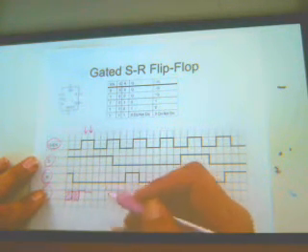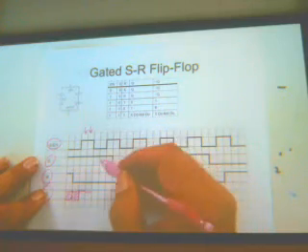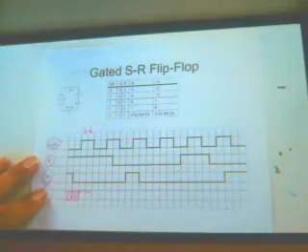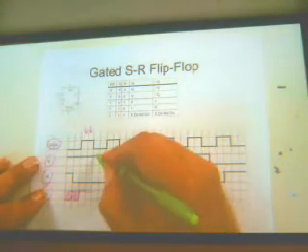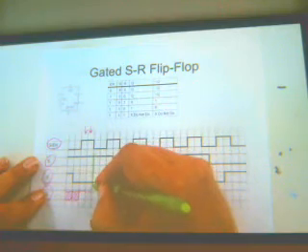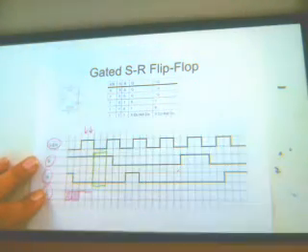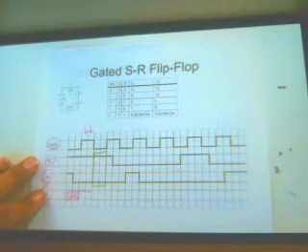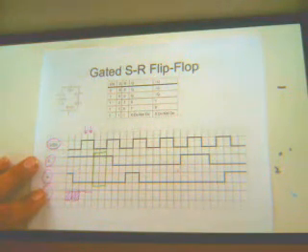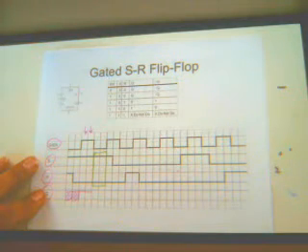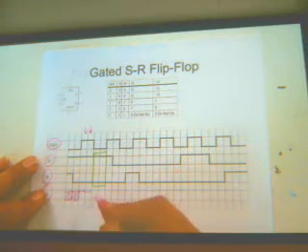No. Any change between S and R right here? Does S and R change there? No. What happens to enable? It gets set to 0. Does that change the output in any way? No. So we keep the same output, no change.